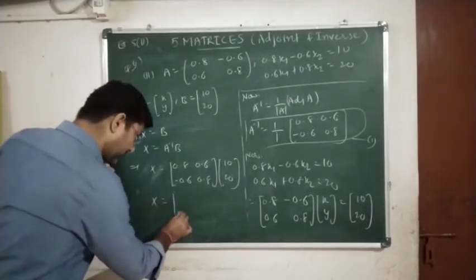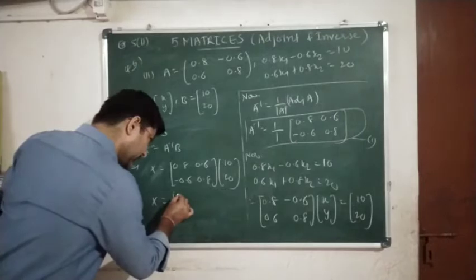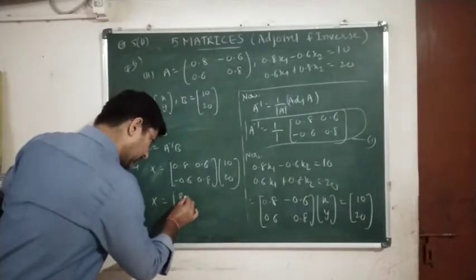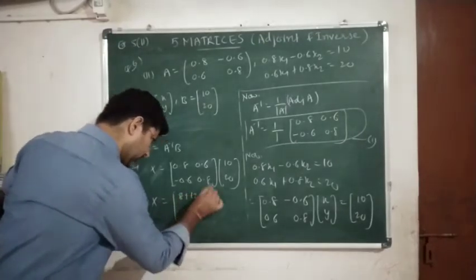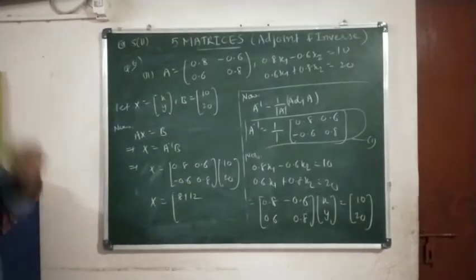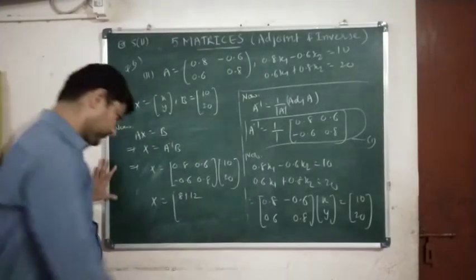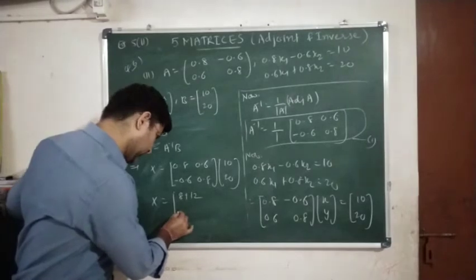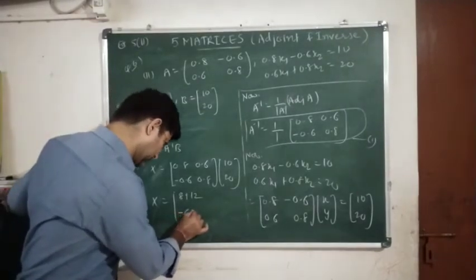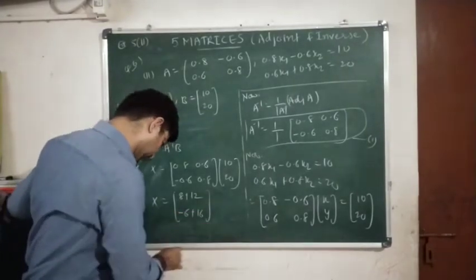Therefore X is equal to 8 plus 12, and minus 6 plus 16.